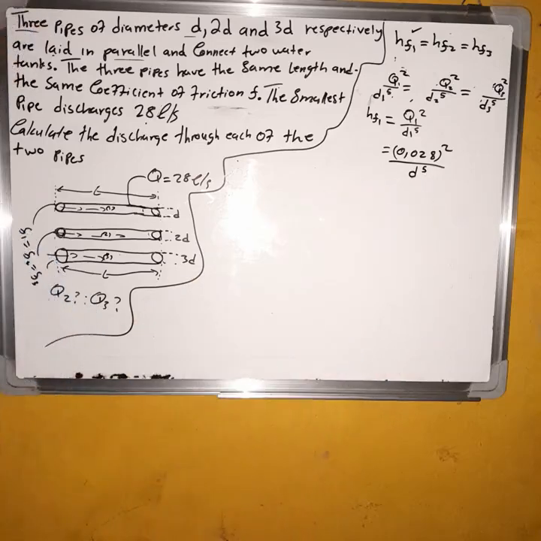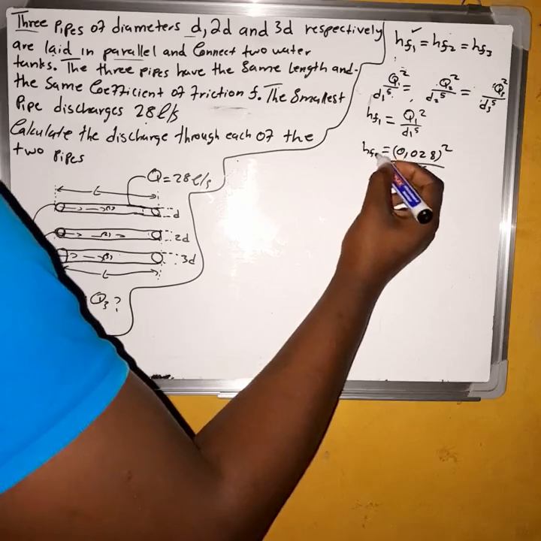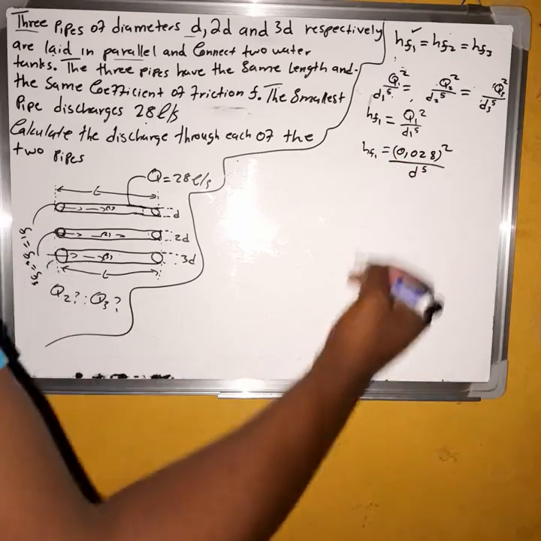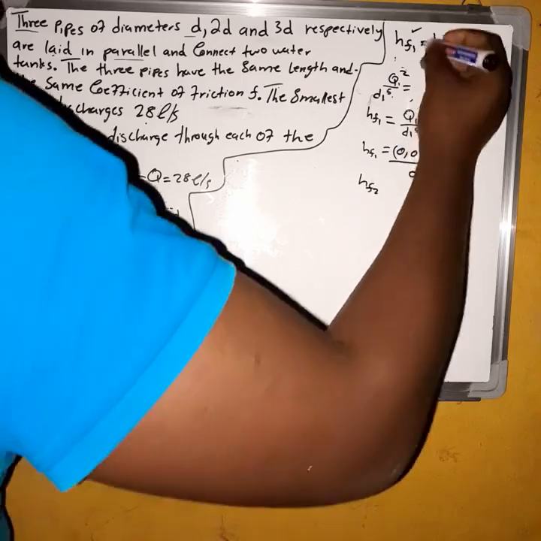It's what we have. So there's nothing you can do. This is HF1, this is D. What can we do? Nothing. We are done with this one.